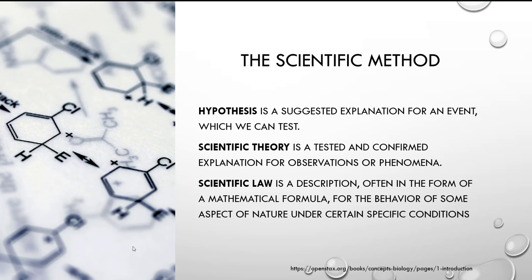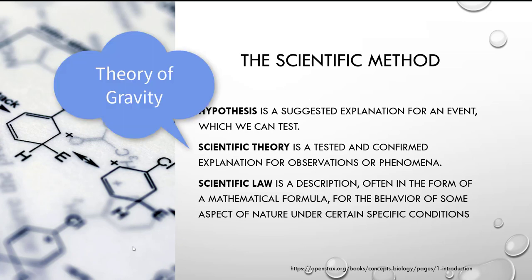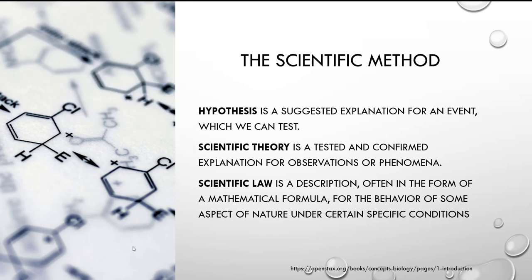When you think of a scientific theory, it's a broad based set of explanations, like the theory of gravity. It's not something like, I have a theory that it's going to rain today. That's not a theory, that's a hypothesis.